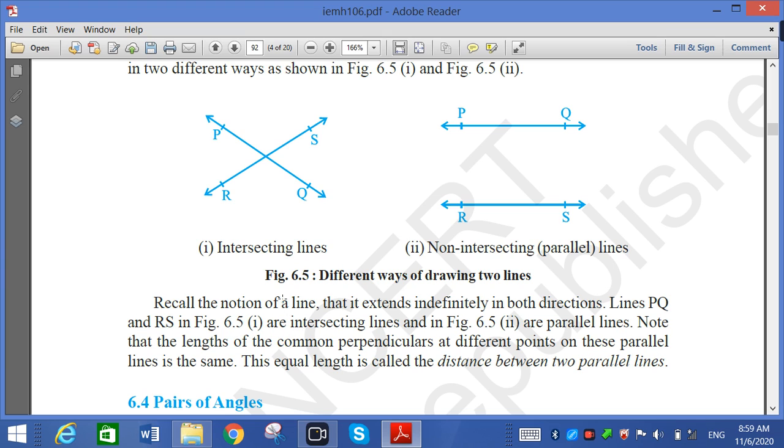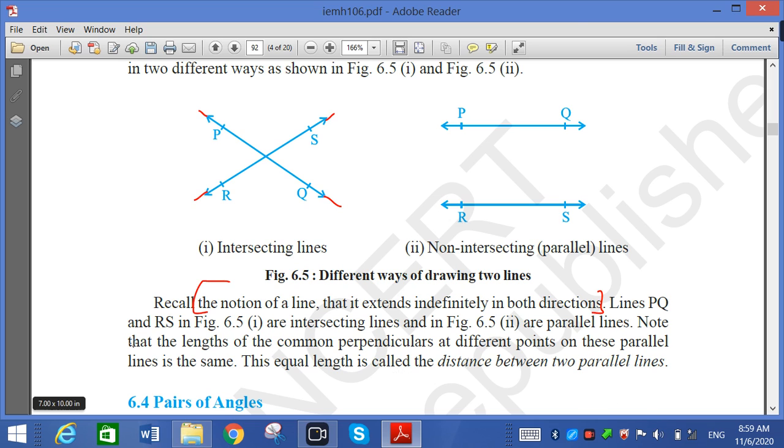According to the notion of a line, it extends indefinitely on both sides. Here the arrows show they extend indefinitely in both directions.